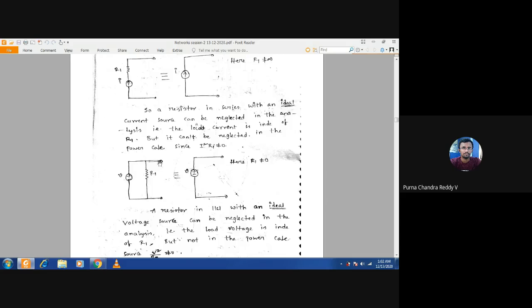Whenever you are measuring load current here, you can ignore this resistor, because it is in series with the current source and the current flowing through it is the same as I. Similarly, when this voltage source is in parallel with R1, the load voltage will be equal to V, so you can ignore R1, because the voltage across R1 is V.